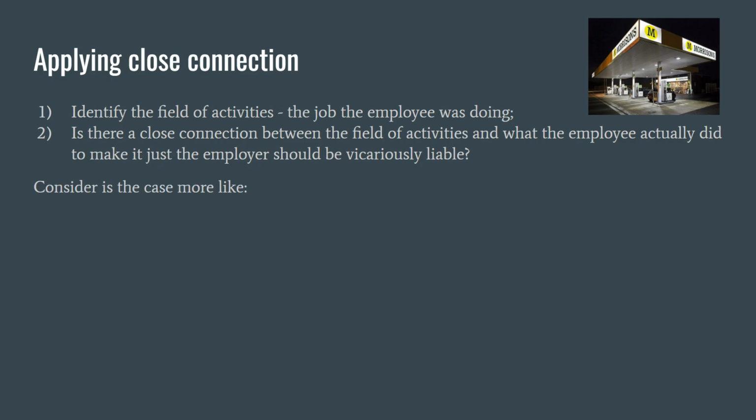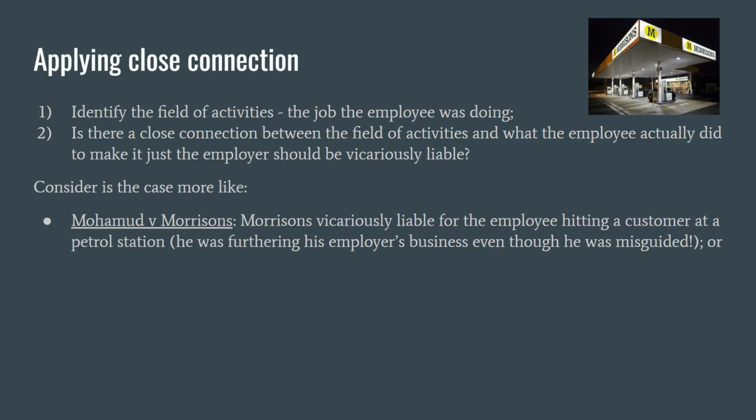And it's helpful here to consider, is this case more like Mohammed and Morrison's, where Morrison's were found to be vicariously liable for an employee who hit a customer at a petrol station because he was furthering his employer's business, he was dealing with a customer, even though the way he did it was misguided?